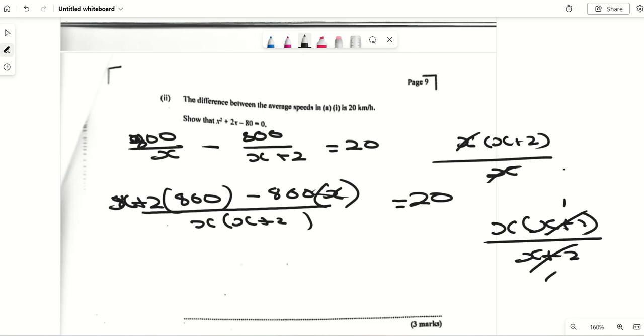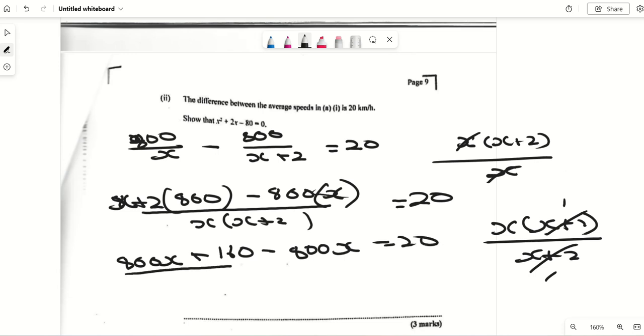Now we're going to multiply x by 800 is 800x. 2 by 800 is 1600, minus 800 by x is 800x, is equal to 20. This is all over x by x plus 2. Right?